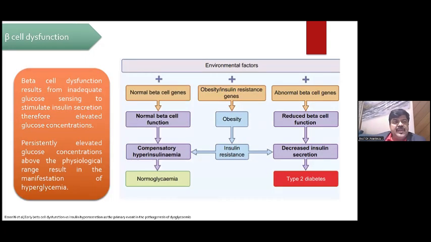You can see why beta cell dysfunction occurs. It results from inadequate glucose sensing to stimulate insulin secretion, therefore elevated glucose concentration. Persistently elevated glucose concentration above the physiological range results in the manifestation of hyperglycemia. On the right hand side, you can see the environmental factors.